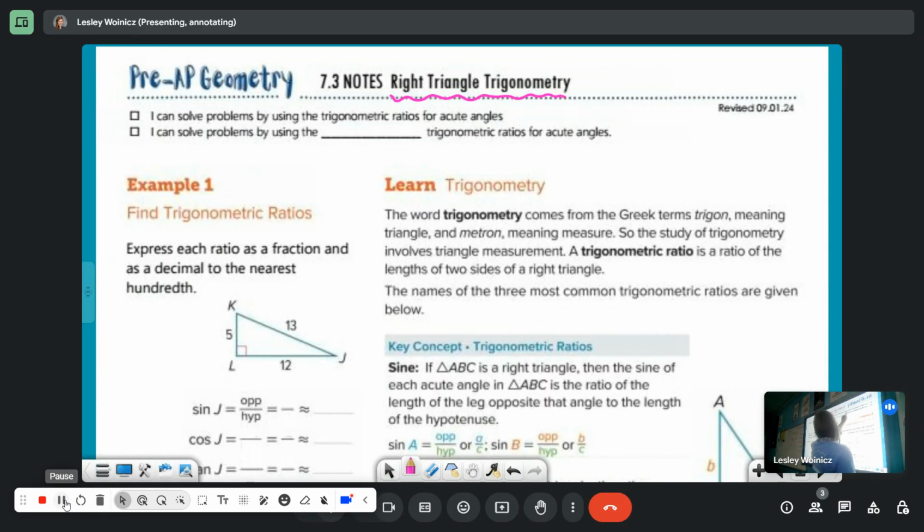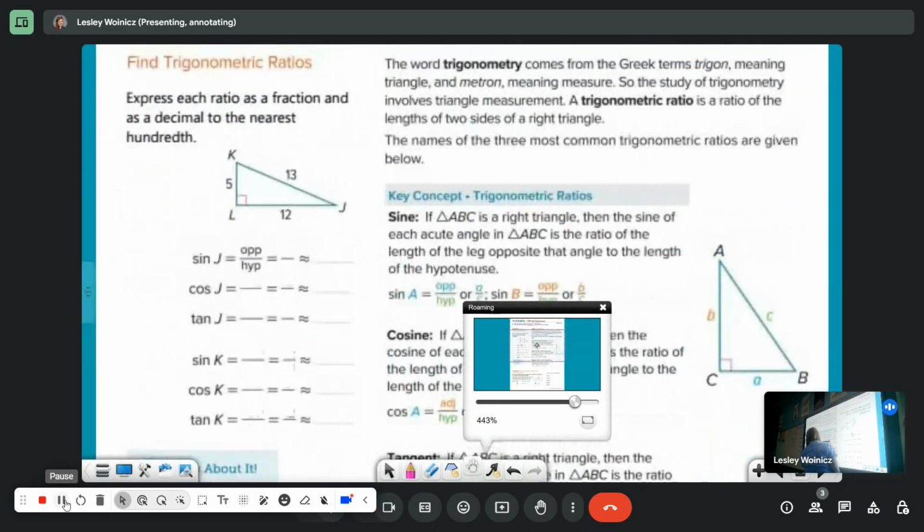I can solve problems by using trigonometric ratios for acute angles, and we're also going to solve problems by using the inverse trigonometric ratios for acute angles. More on that later.